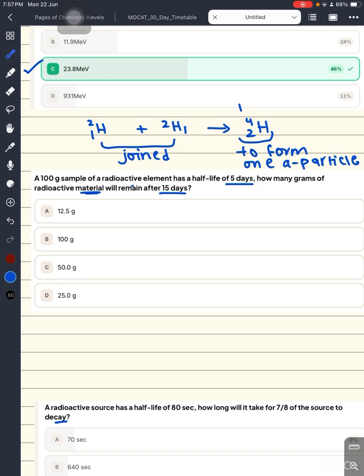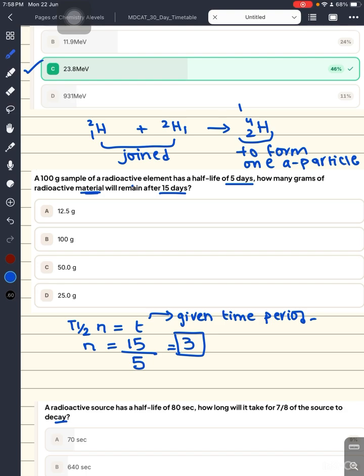Use this formula: n equals t over half-life, where t is the given time period. So n will be equal to the given time period, 15 days, divided by the half-life, 5 days. It will be 3.